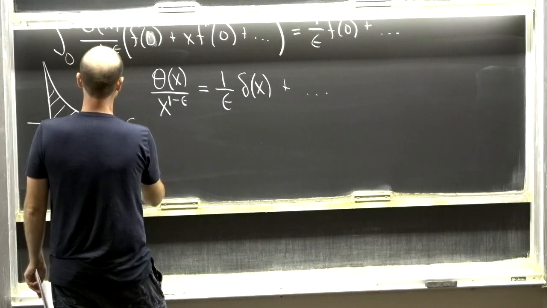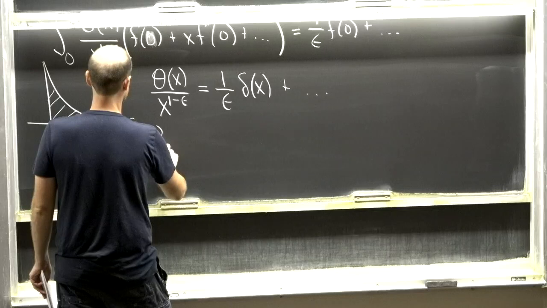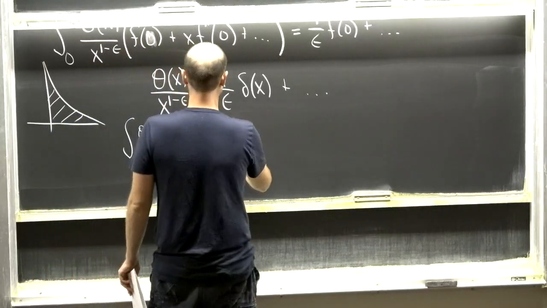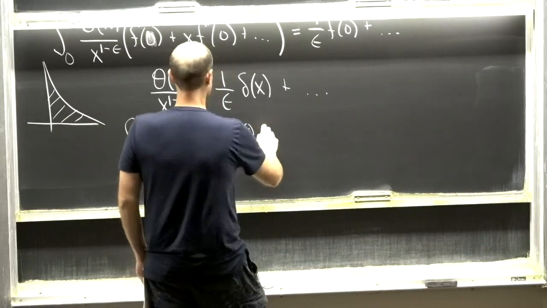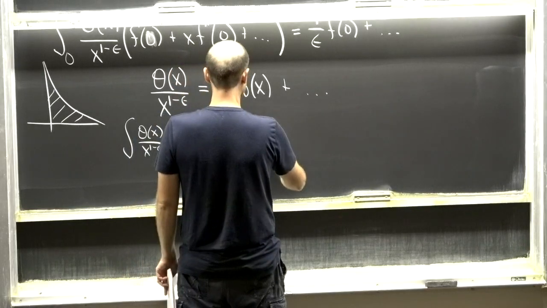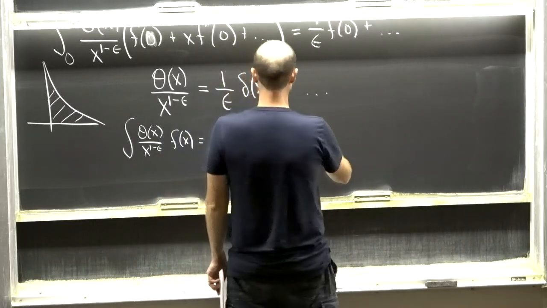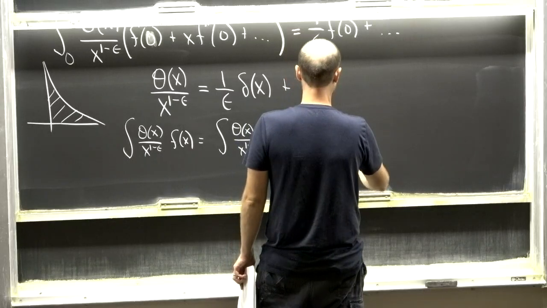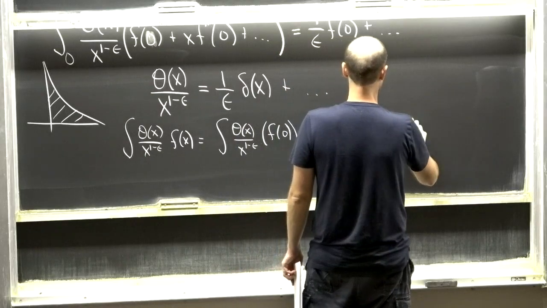If you're integrating theta of x over x to the 1 minus epsilon against f of x, you rewrite this as an integral of theta of x over x to the 1 minus epsilon of f of 0, plus the integral of theta of x over x to the 1 minus epsilon of f of x minus f of 0.